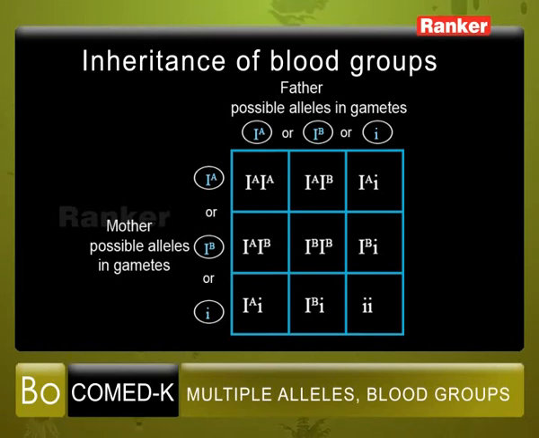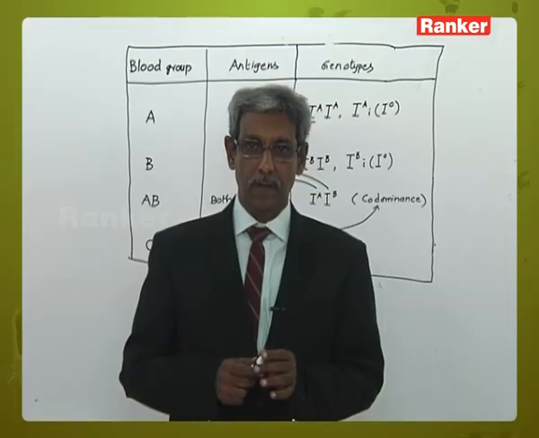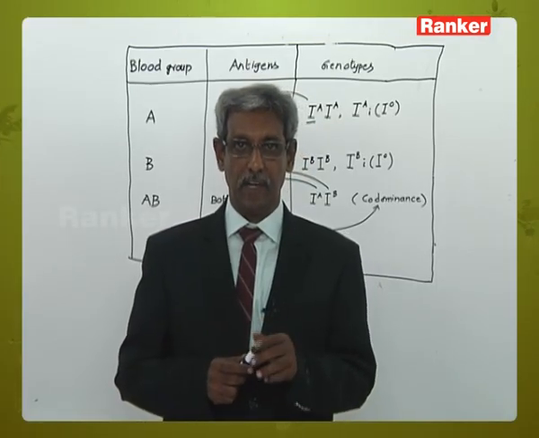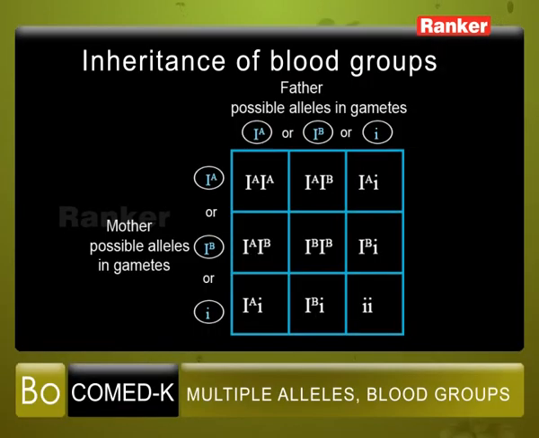This chart on the inheritance of blood groups primarily presents the combination between the possible alleles in the gametes of the father and the mother. So as you understand, if you take the checkerboard, in the checkerboard we find the probabilistic combination of either capital IA or IB or i.